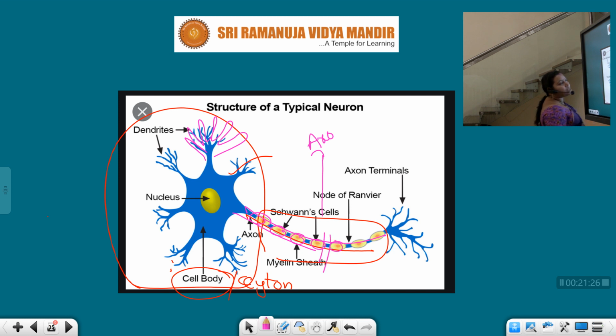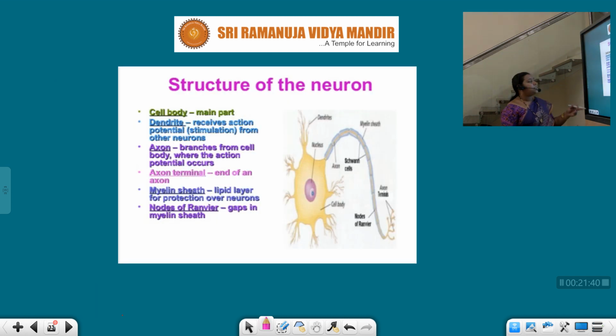These gaps are known as nodes of Ranvier. And this myelin sheath is made up of Schwann cells. Gaps in the myelin sheath are called nodes of Ranvier.